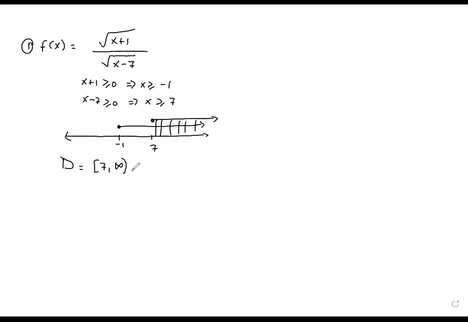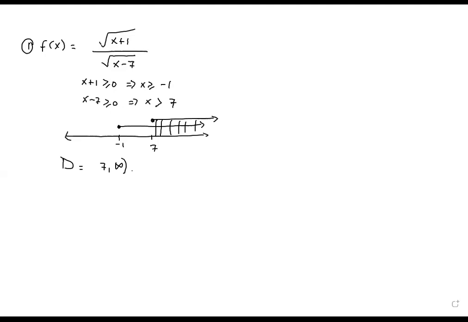So I have a question. On that one for 7, why is it x greater or equal to 7? Why not... Good. So for the denominator, it's just greater than 7.